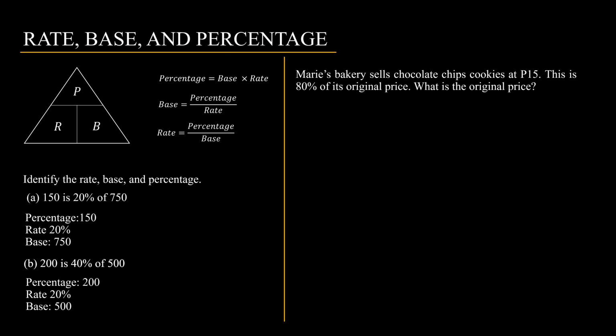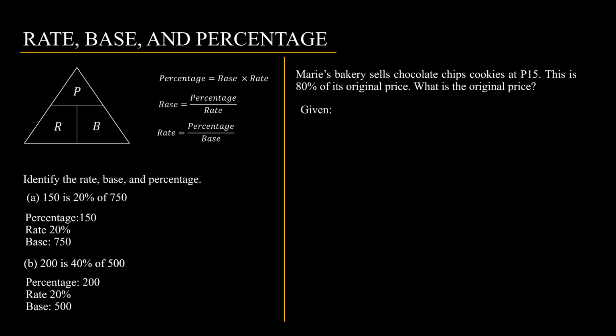We have here another example. Marie's Bakery sells chocolate chips cookies at 15 pesos. This is 80% of its original price. What is the original price? So we are looking for the original price.